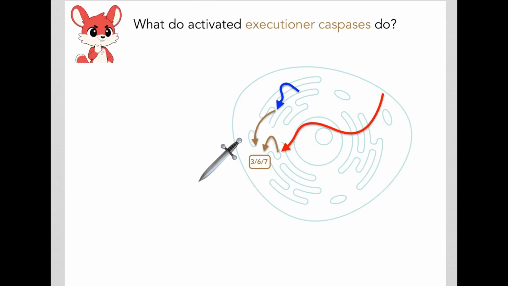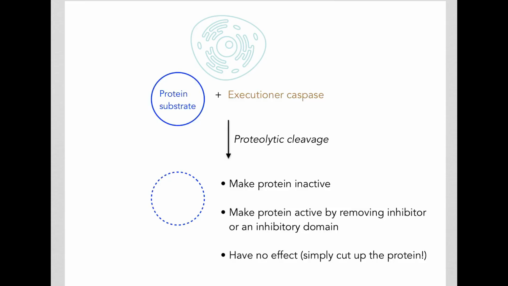Okay, so once these executioner caspases are activated, what do they do? Now recall the substrates for these enzymes, caspases, are proteins. So we have a protein substrate for the executioner caspase.